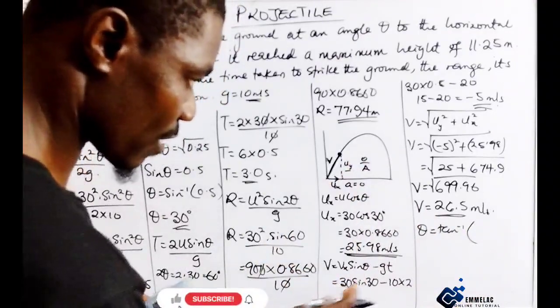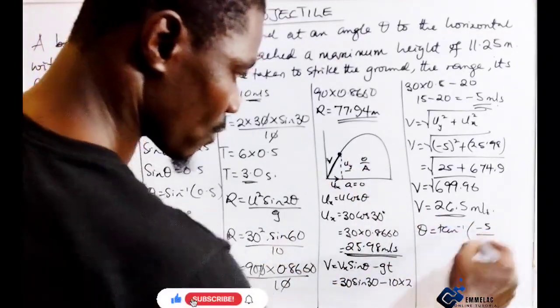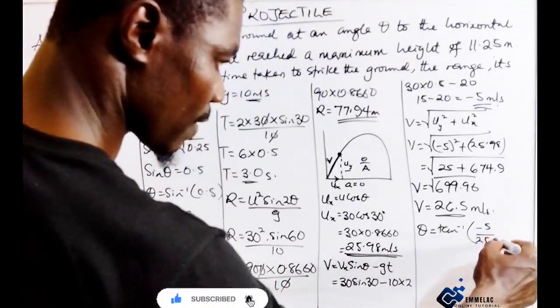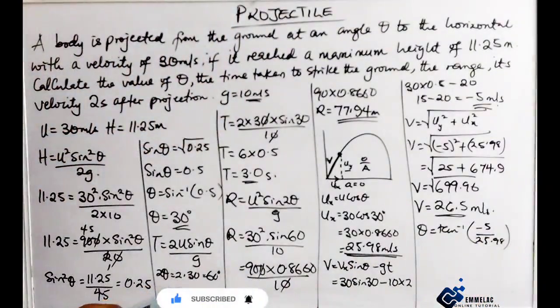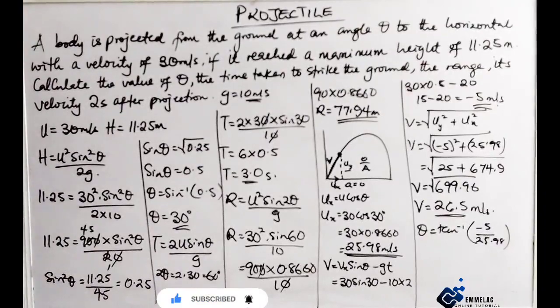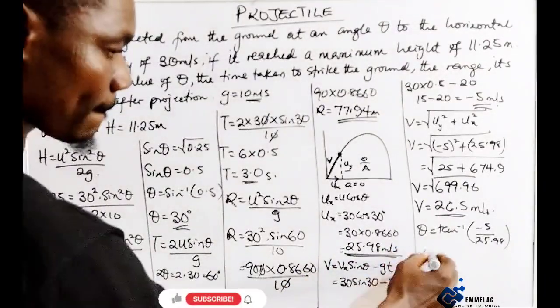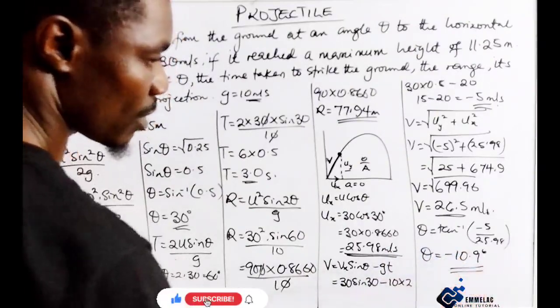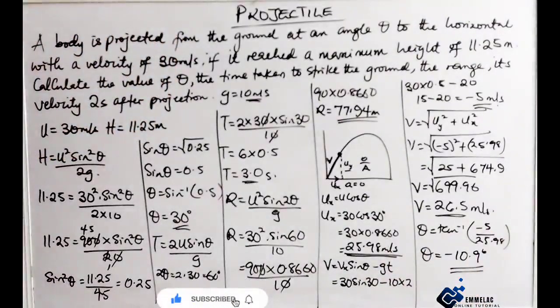This is minus 5 over 25.98. After my calculation here, I got that theta equals minus 10.9 degrees. If you solve this, you get this as the final answer.